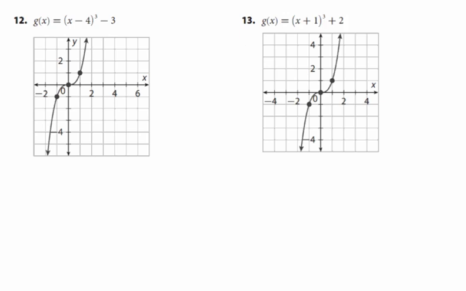Next, problem 13. There we go, problem 13. We have g of x equals 2 times (x plus 1) cubed plus 2. And for this, I'm going to write over to the left here, for kind of our general form, we'll have a times (x minus h) cubed plus k.